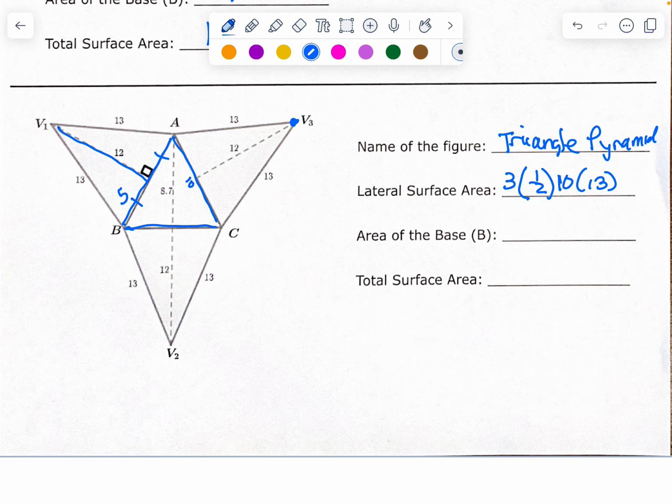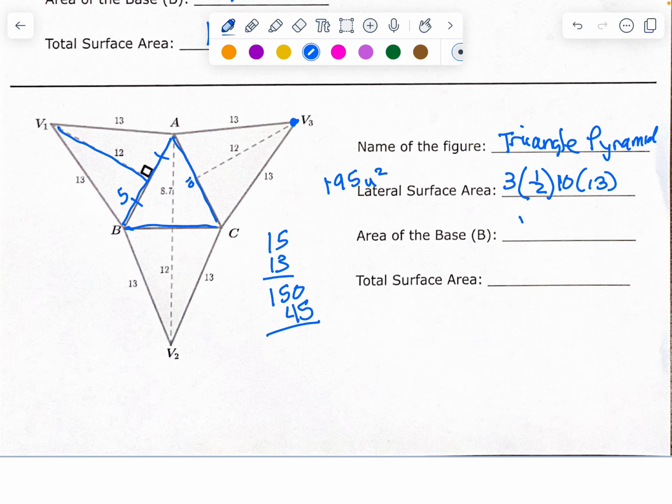So it is 15 times 13. I was trying to see another way if I could do it, but that's okay. Which is 150 and 45, which is lateral 195 units squared.